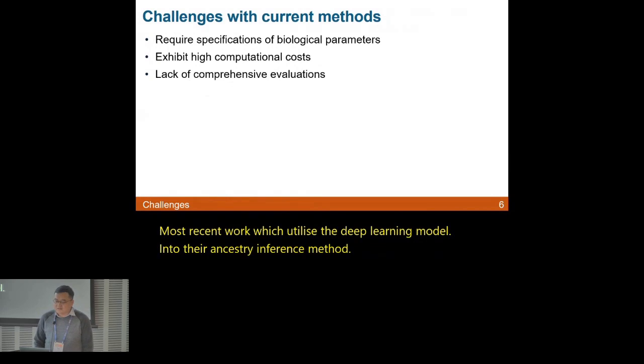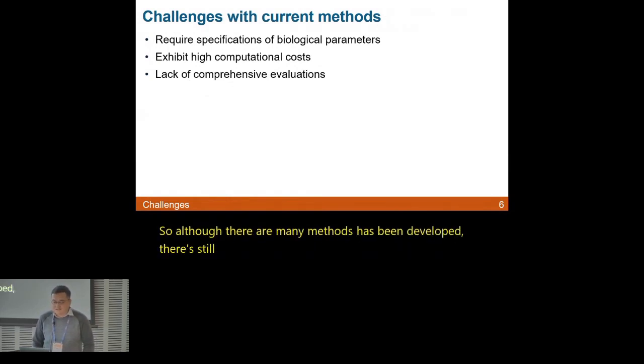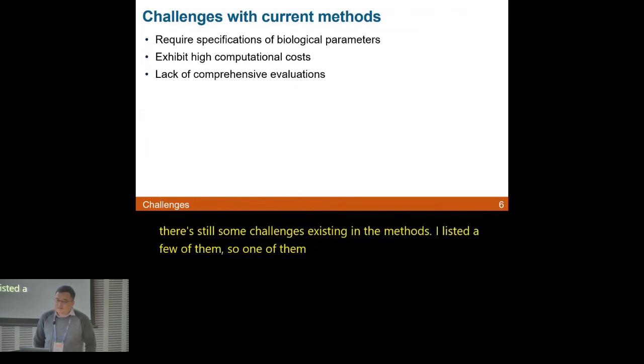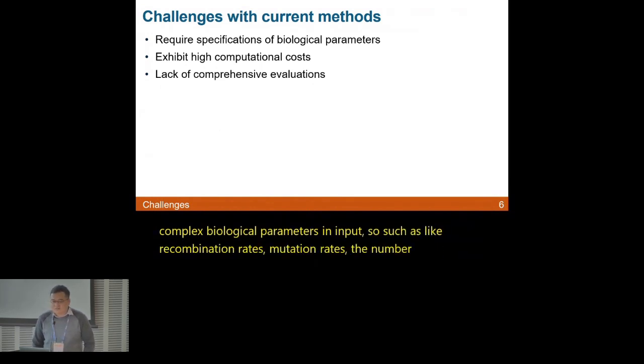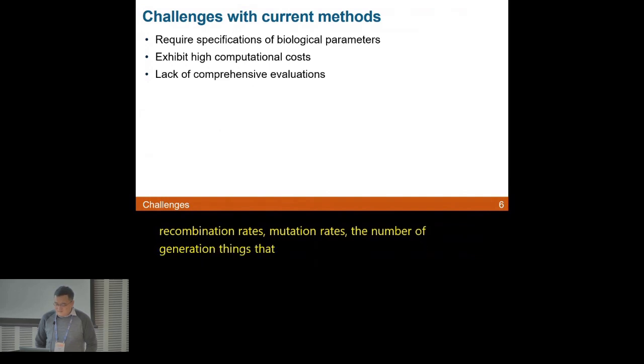Although many methods have been developed, there are still some challenges. I listed a few of them. One is that many methods require complex biological parameters as input, such as recombination rates, mutation rates, and the number of generations since the admixture, which can be hard for the user to provide.